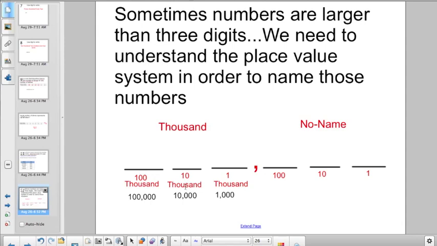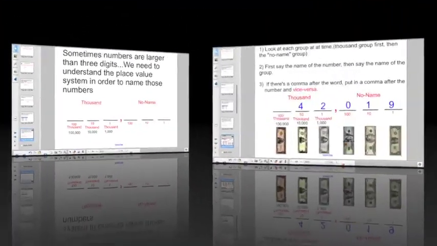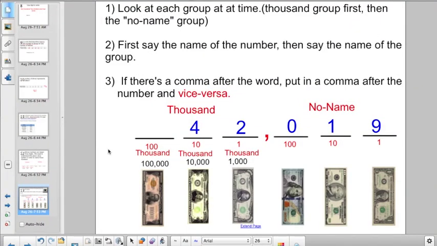1,000, 10,000, 100,000. The next 3 places that we'll learn in about 40 lessons will be 1 million, 10 million, and then 100 million. After that, it's going to be 1 billion, 10 billion, and 100 billion. It's always based on ones, tens, and hundreds. So the rule for pronouncing and writing the numbers is you want to look at each group at a time.